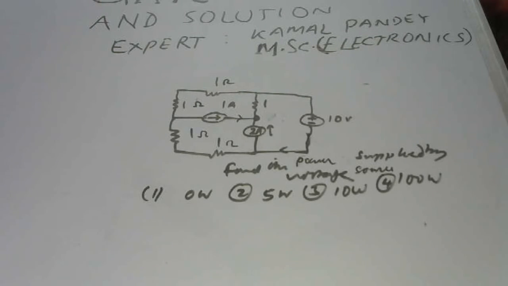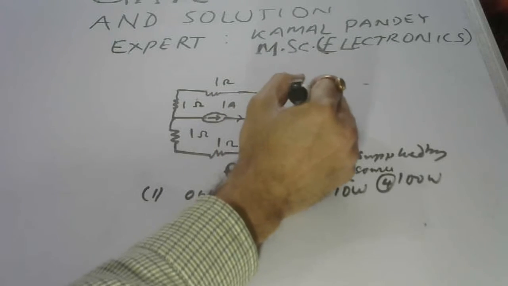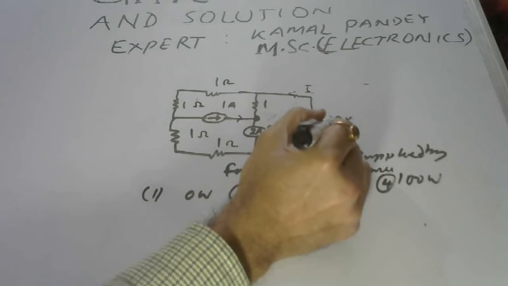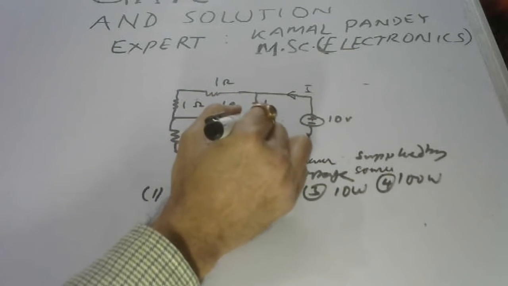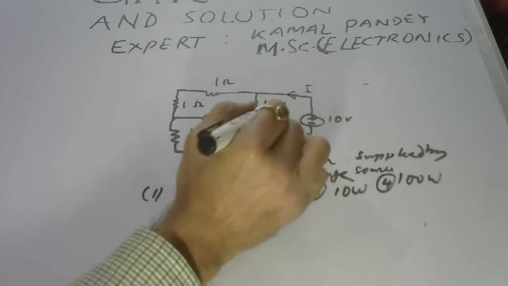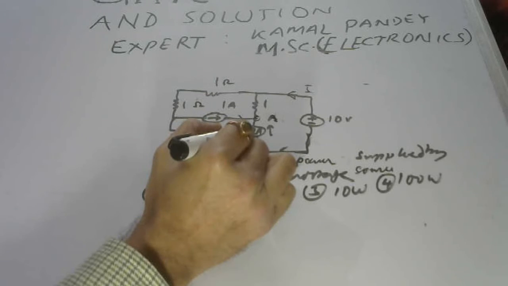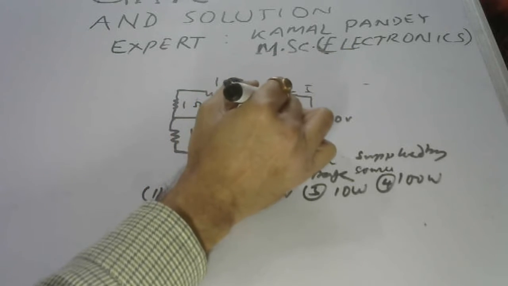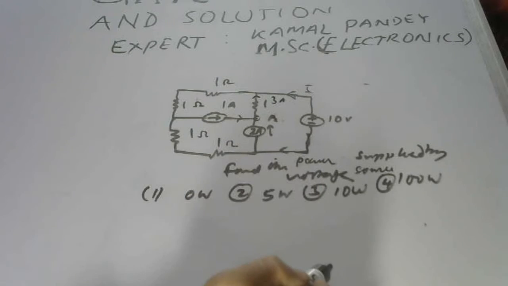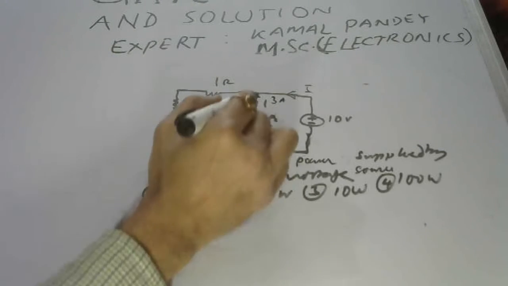We go for the solution of this question. Here we mark I as the current flowing through the 10-volt supply in this direction. At point A, 1 ampere current plus 2 ampere current meet, and that means 3 ampere current is flowing through the 1 ohm resistor.